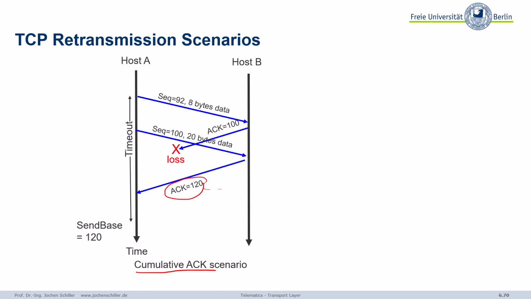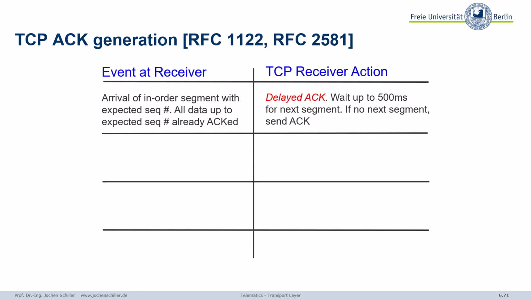So there will be no timeout for these 8 bytes with sequence number 92, because at this point we have already received an acknowledgement telling us everything up to 119 is fine, and that includes these 8 bytes and the 20 bytes. So you see there are different scenarios where we can generate acknowledgements using timeouts.